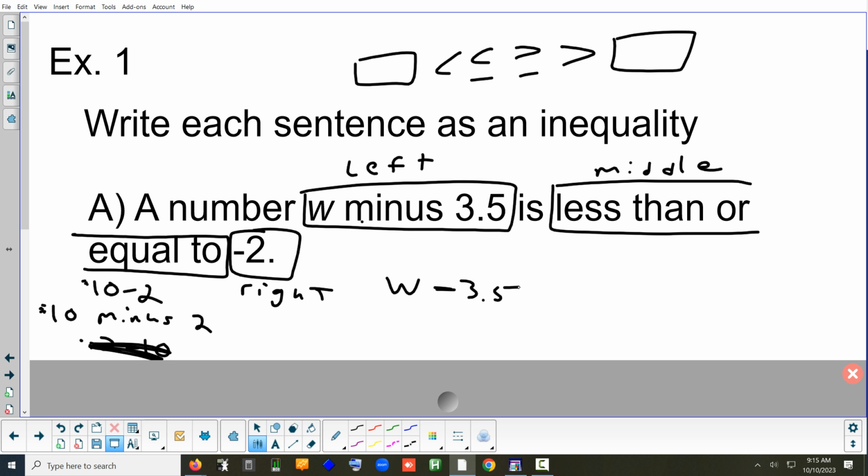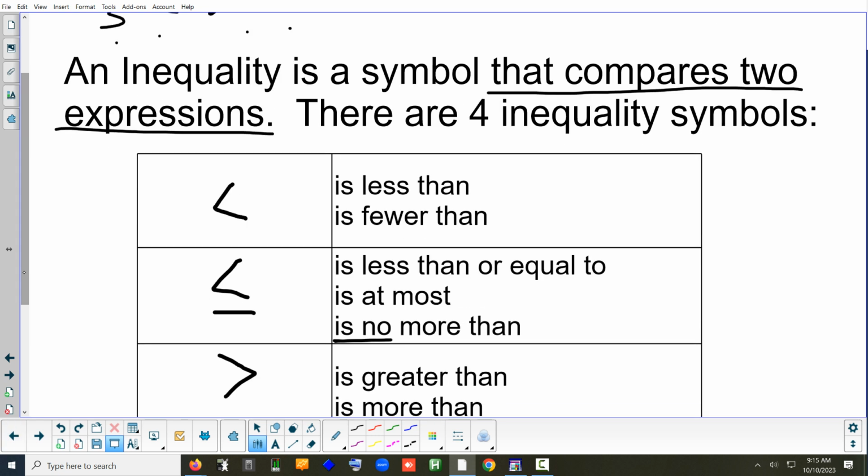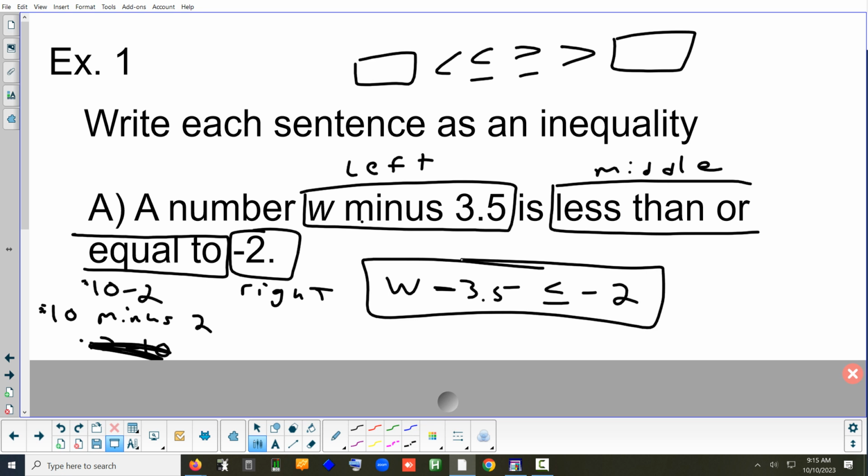So W minus 3.5. And then the next one is the less than or equal to symbol. We'll call that symbol number 2. Less than or equal to. And what goes on the right-hand side? -2. Now, did the directions say to solve?